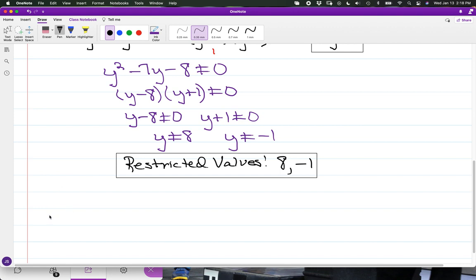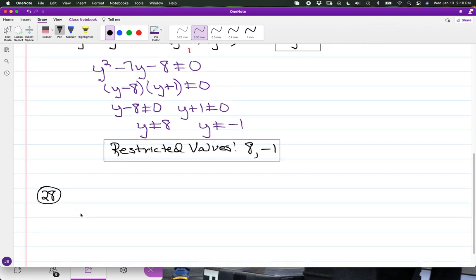Now, for number 28, we have 8x minus 3y all over x to the third times y to the fourth, times 6x y to the eighth, all over 24x minus 9y.